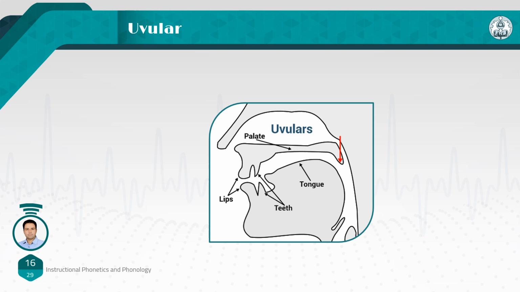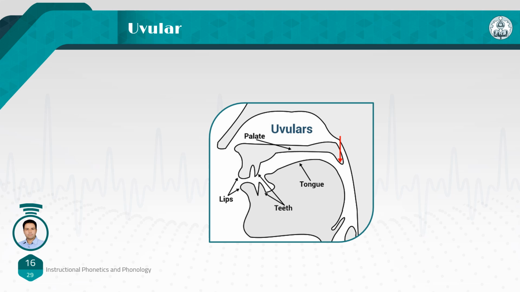A little deeper in your mouth, you can find the uvula. The uvula is the little thing that's dangling from the top in the back of the mouth, which is used for uvular consonants. As I said, there are none in standard American English, but imagine that the tongue has to reach an area a little deeper than, for example, in ng, or in a word like king, g. It's a little further back than the k in king.